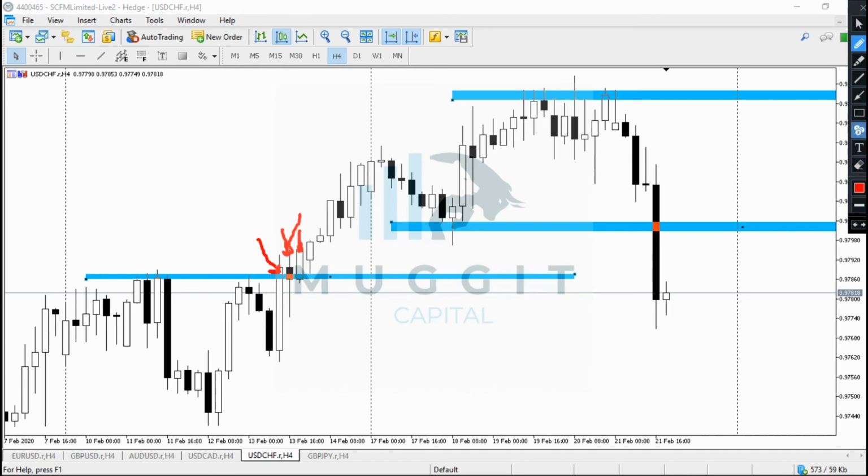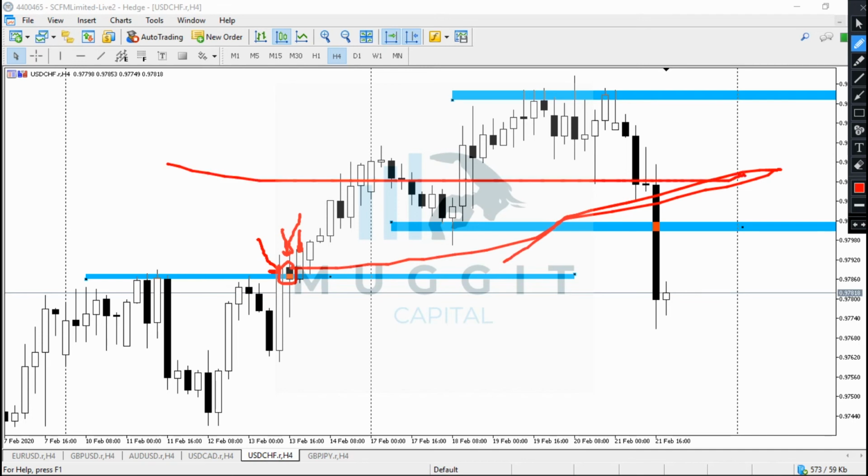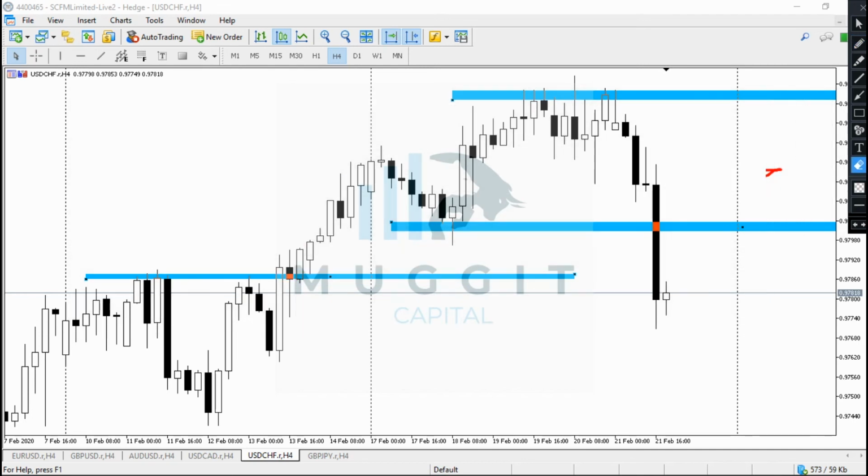When you consider the size of this candle body to the size of this candle body, you can see that this shows a lot of bullish momentum, plus it left a wick, which meant this is kind of a liquidity wick.